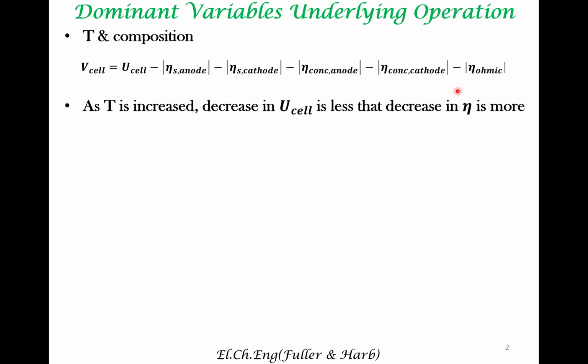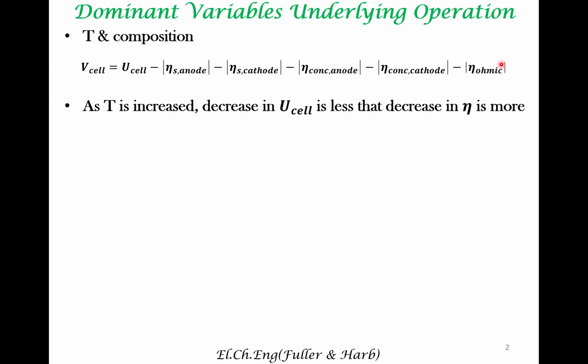Typically, when temperature increases, we had already seen that equilibrium thermodynamics suggests that the open circuit potential decreases. However, with an increase in temperature, the activation overpotential decreases a lot more.